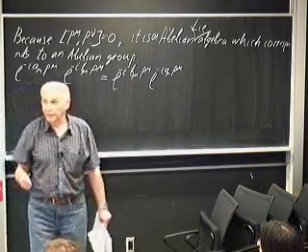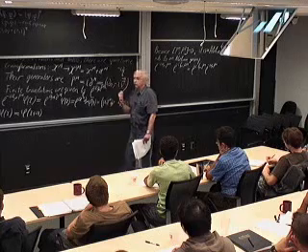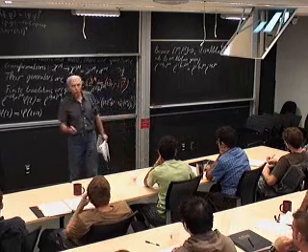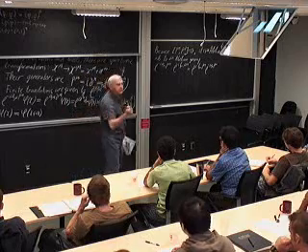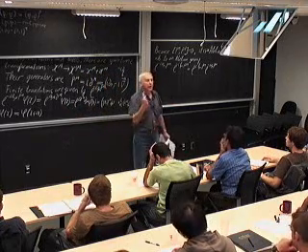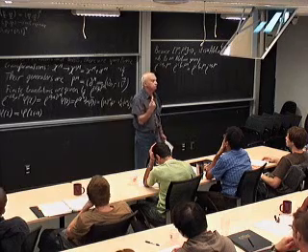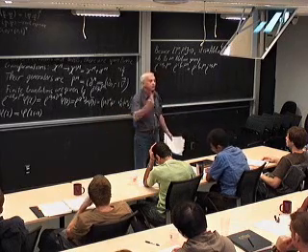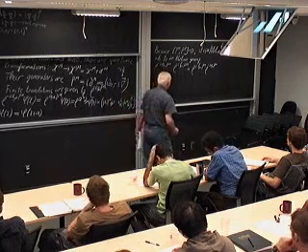A theorem of mathematics says that all irreducible representations of any abelian group are one-dimensional. Very simple, one-dimensional.